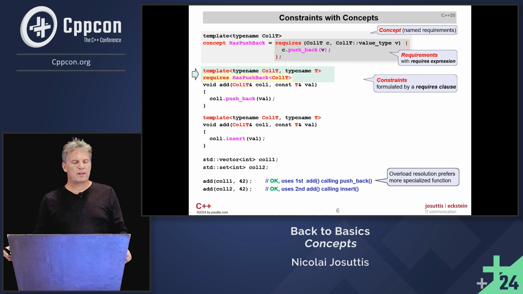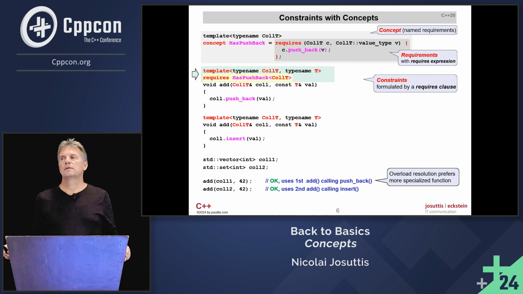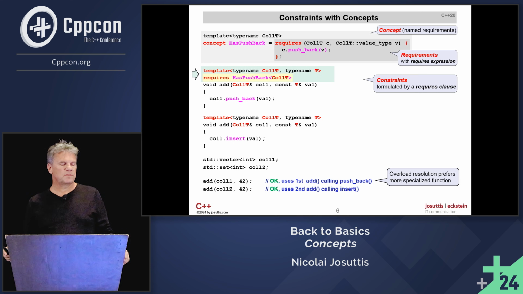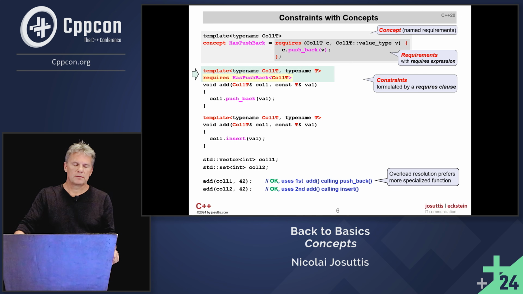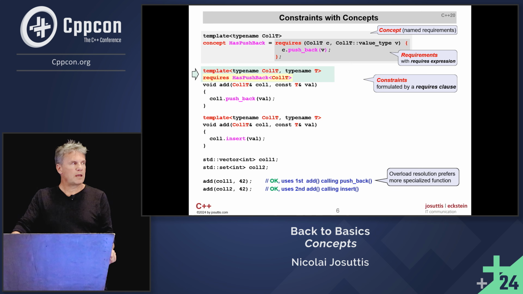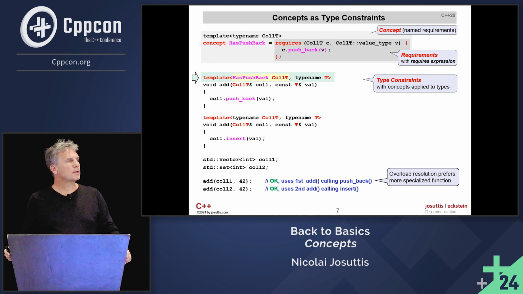Look at the place where we specify the function template signature, well, part of it. We just introduce the template parameters and we introduce the requirements, the constraints. You can write that in one line, and it looks like this.